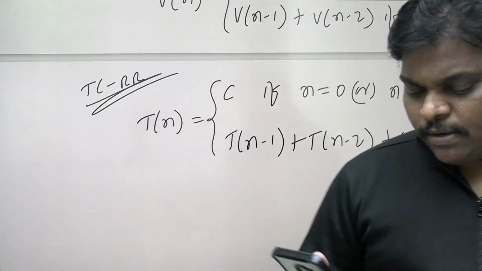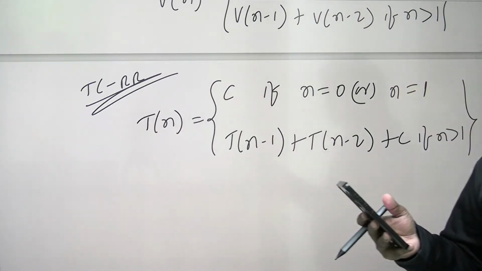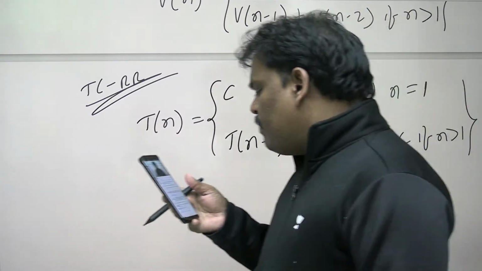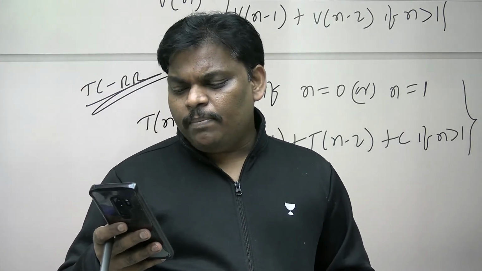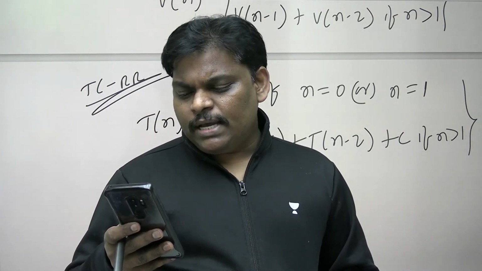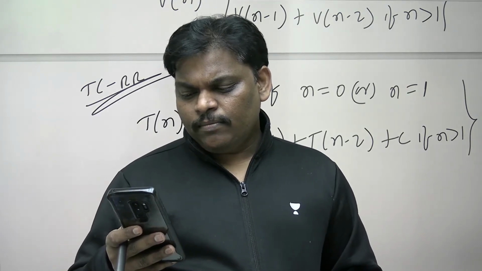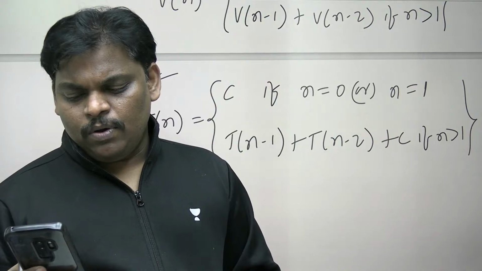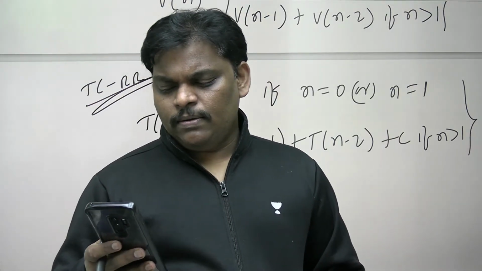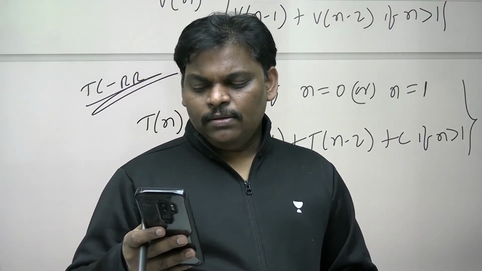Yeah, this is for time complexity. How many people have written the time complexity answer correctly? Let me see what Anjali has written. Output she has written fine. So what is the time complexity?